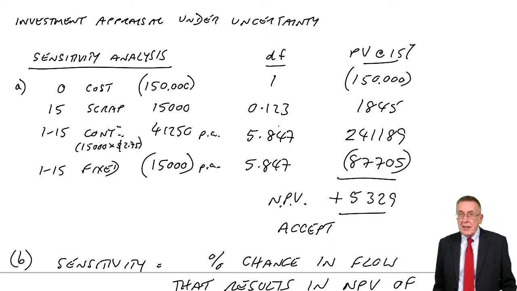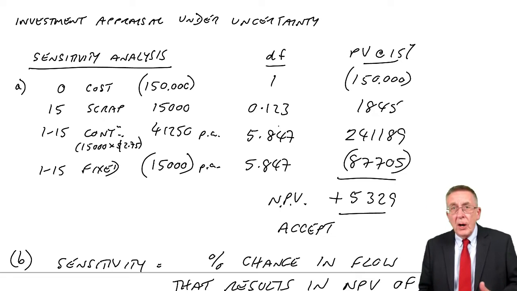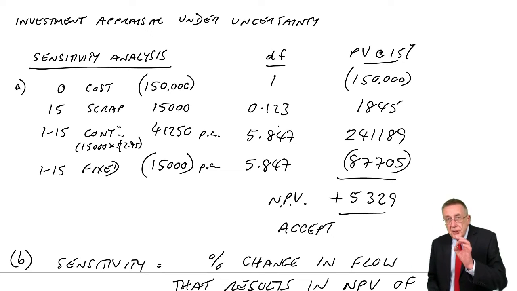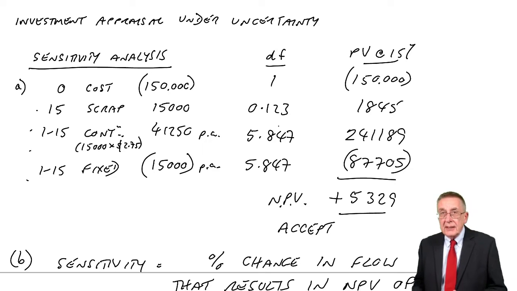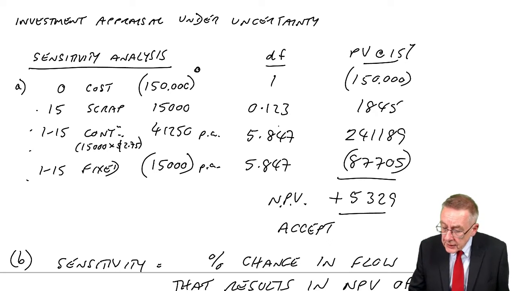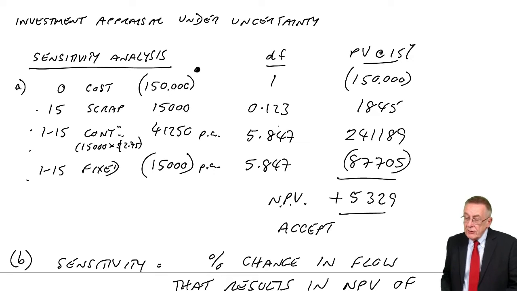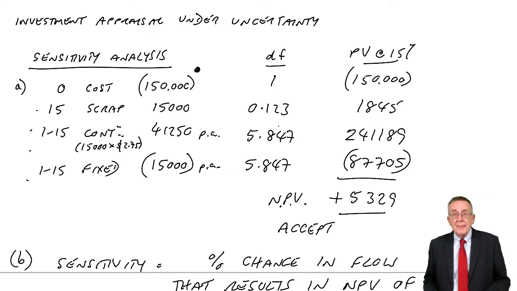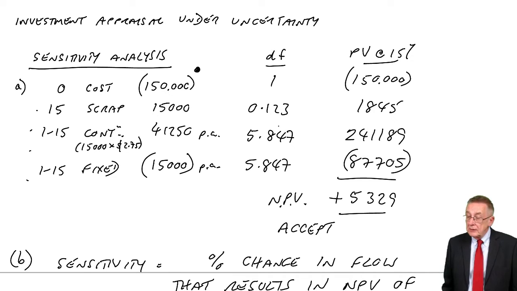We think it's going to cost us 150,000. It might end up costing a bit more or a bit less. Well, assuming for the minute that everything else is certain, we want to know by what percentage could that 150,000 change before the NPV drops to 0.